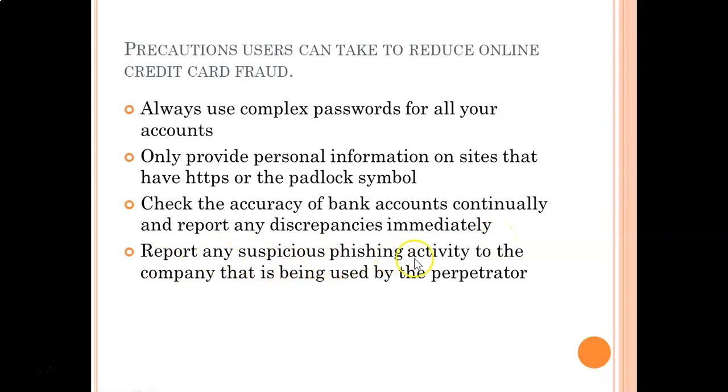Report any suspicious phishing activity to the company that is being used by the perpetrator. So if you receive what you suspect to be a phishing email from a bank, for example ABSA, someone posing as ABSA, then you're going to phone ABSA and make them aware of the phishing activity that might be happening in their company name.